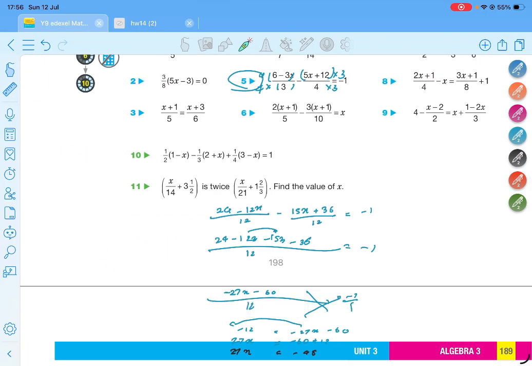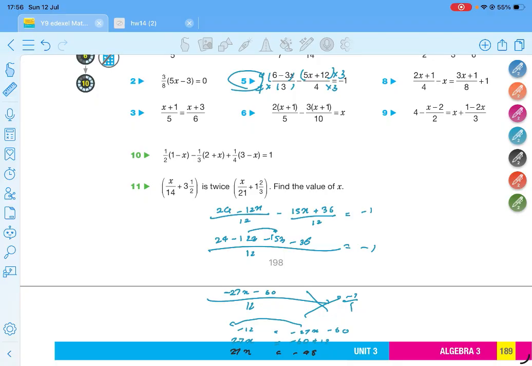Here 4 times 6 is 24, 12x, right, 15x plus 36 minus 2. The minus here, so this should be minus 24 minus 12x minus 15x plus 30. I got the mistake.